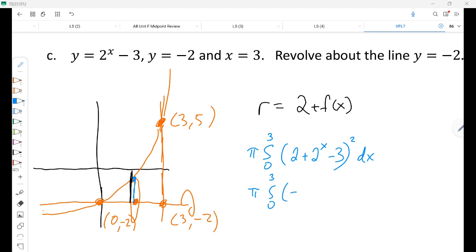I'm going to simplify it this time before I put it in my calculator. I should have -1 plus 2 to the x, but squared dx. Save myself a couple button presses. Integrate from 0 to 3. Got -1 plus 2 raised to the x.